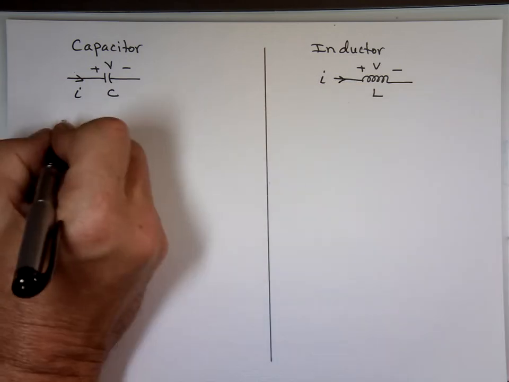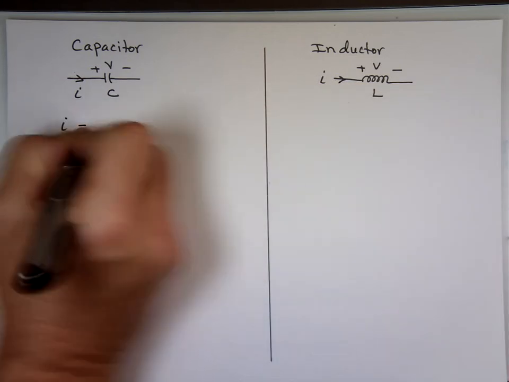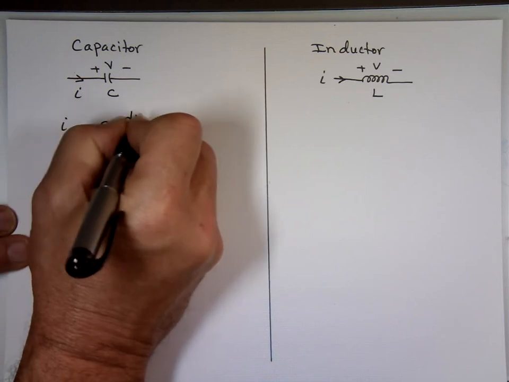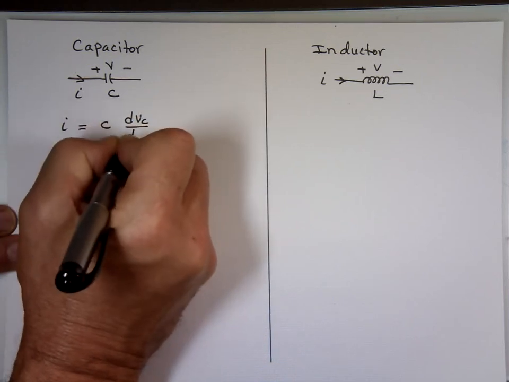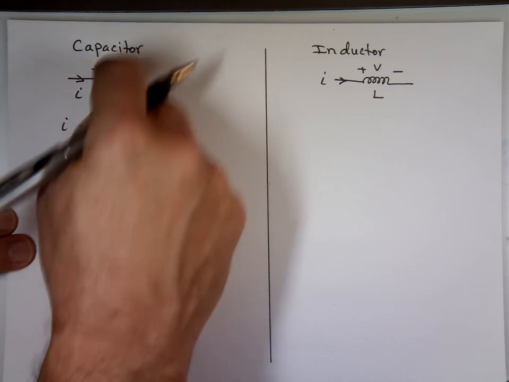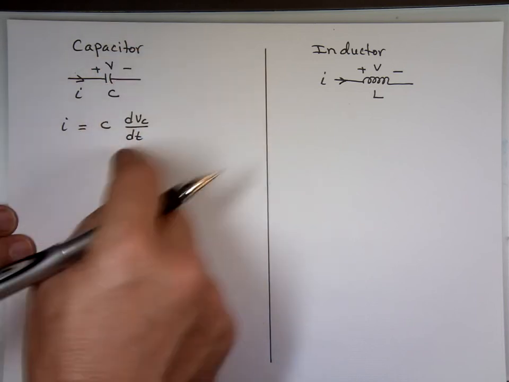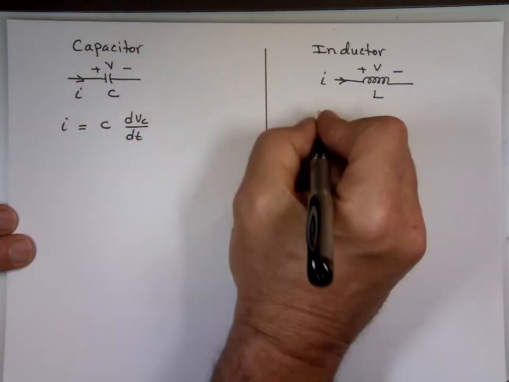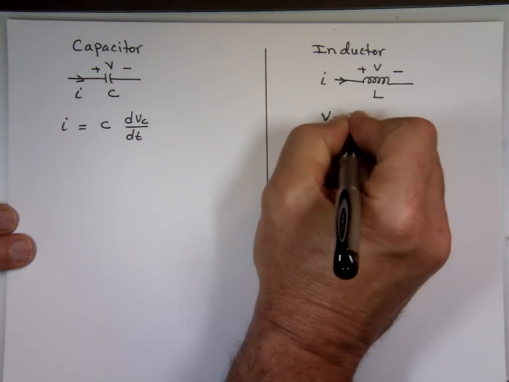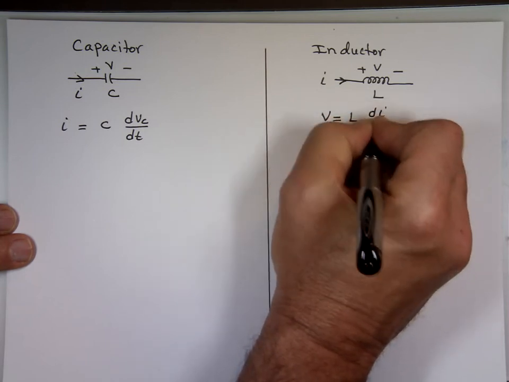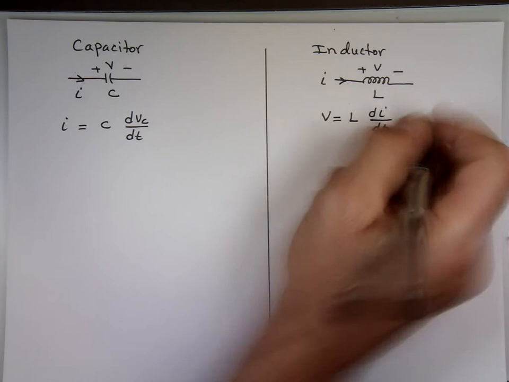Here we said I equals what? C dVc dt. You take the change in the voltage, take the derivative of that, times C. This one says V equals what? L di dt. Very similar. We switch I and V basically.